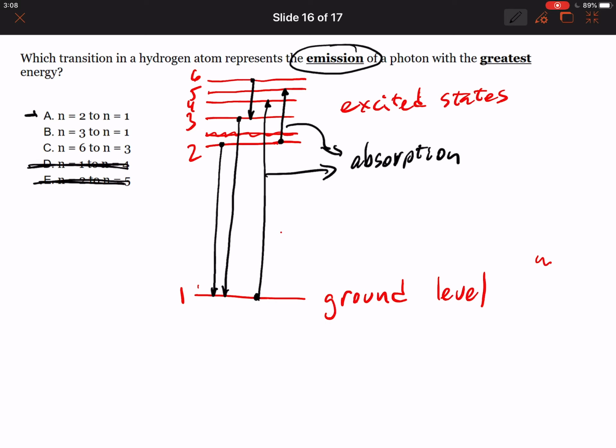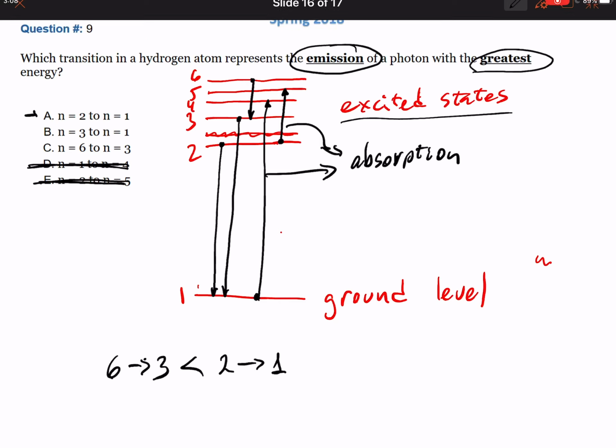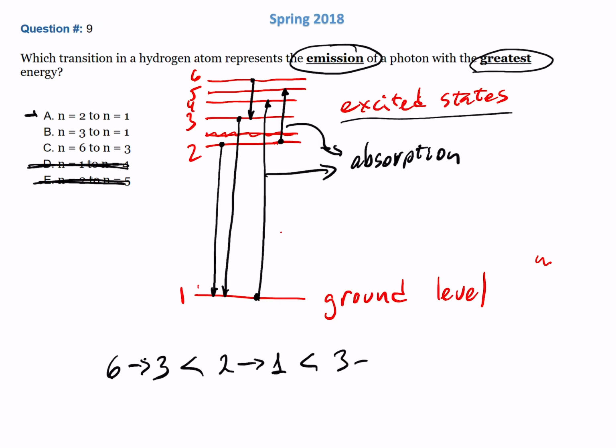Now we are looking for the greatest energy. The photon with the greatest energy will correspond to the greatest difference in energy between levels. The excited states are closer to each other. So if you rank these according to energy, 6 to 3 will have lower energy than 2 to 1, and 2 to 1 will have lower energy than 3 to 1, and these are all emission.